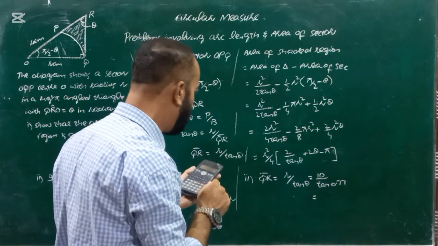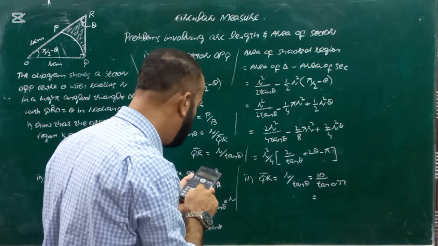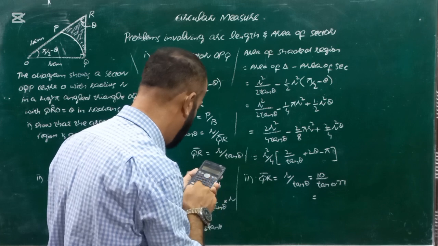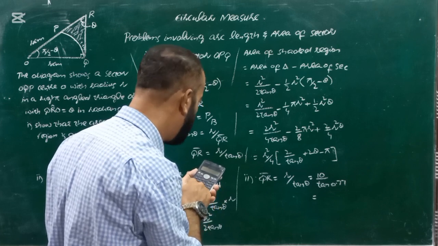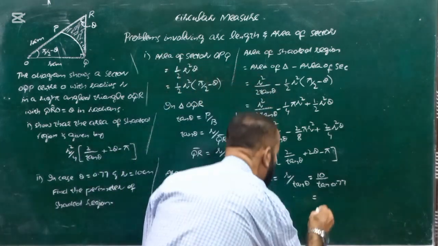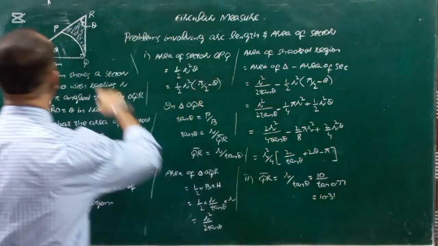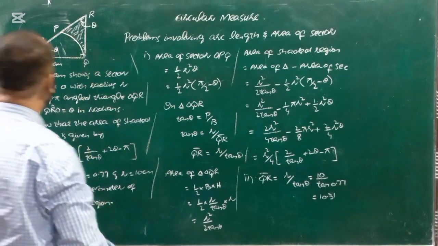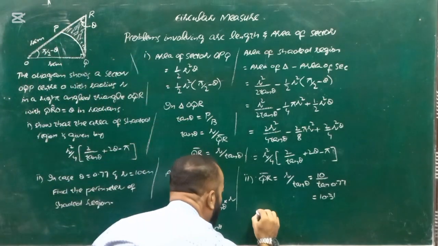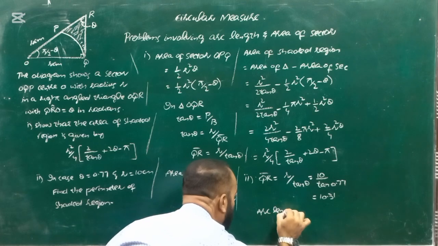First change your calculator into radian mode. So 10 over tan 0.77. This is 10.31. Okay, this side is done. Now arc length.